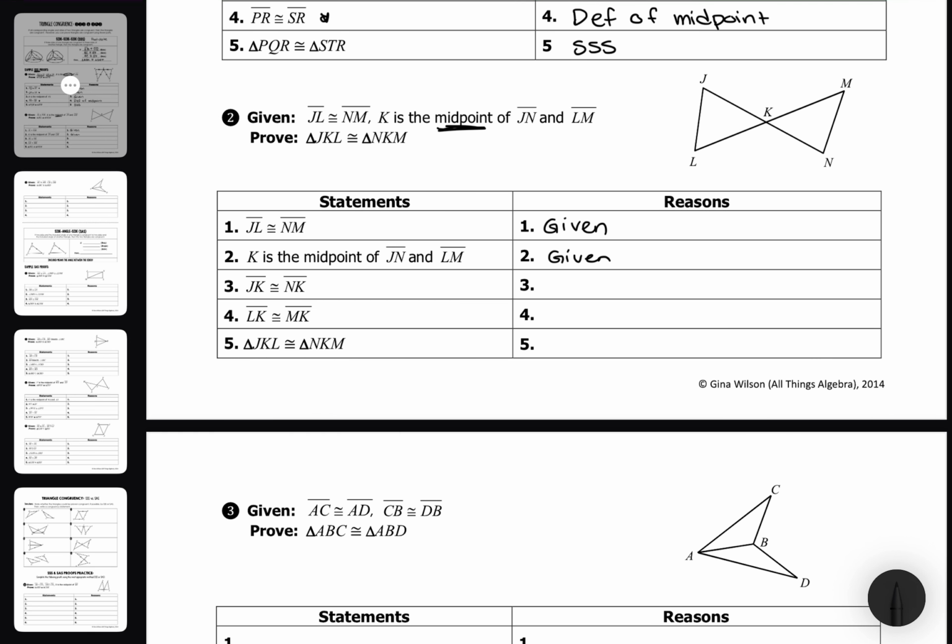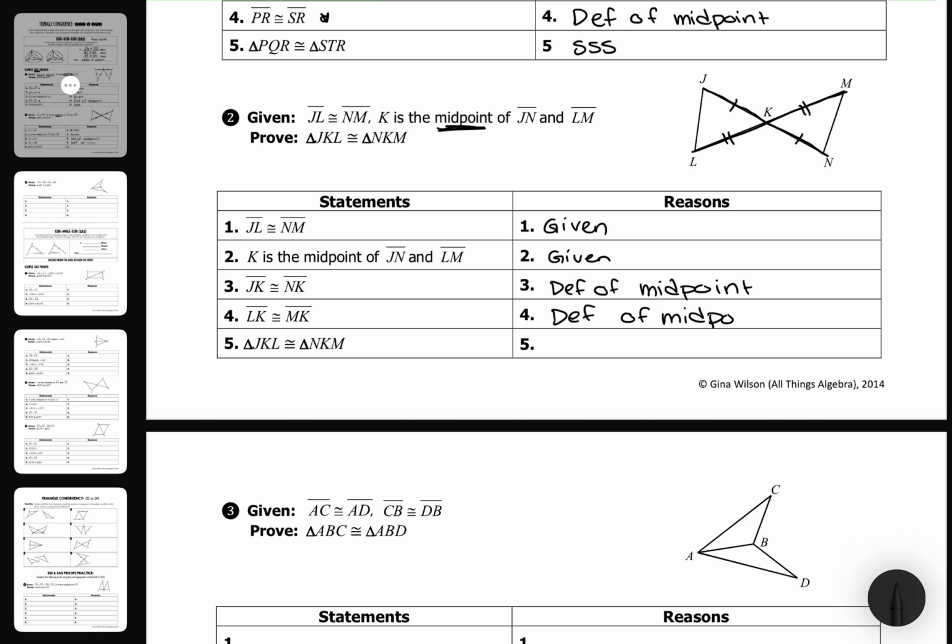Okay, if K is the midpoint of JN, it means that JK and KN must be congruent. So that's definition of midpoint. But K is also the midpoint of LM, which means LK must be congruent to MK. Same exact reasoning here, definition of midpoint.